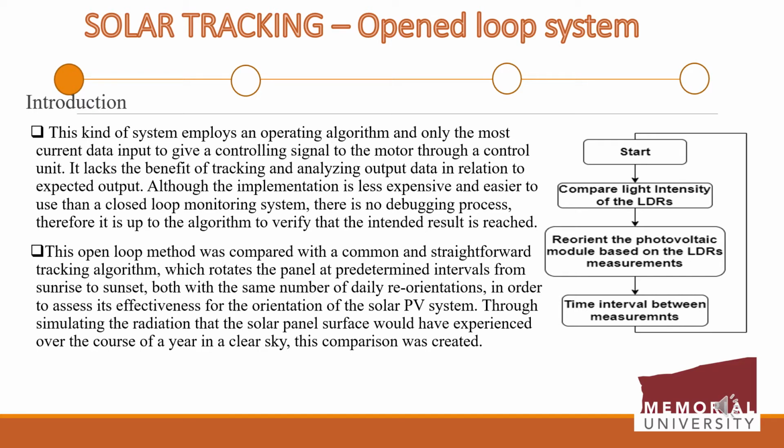There is no debugging process, therefore it's up to the algorithm to verify that the intended result is reached. This open-loop method was compared with a standard and straightforward tracking algorithm, which rotates the panel at predetermined intervals from sunrise to sunset, which is the same number of daily reorientations, to assess its effectiveness for the orientation of the solar PV system.